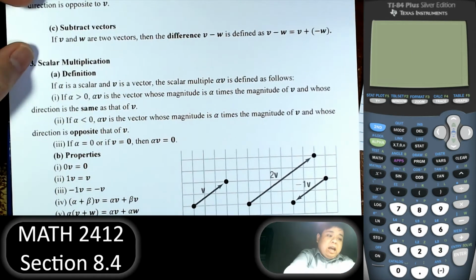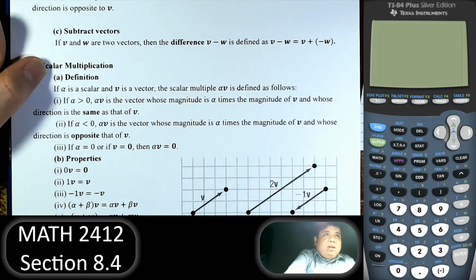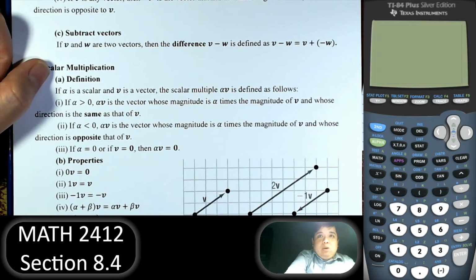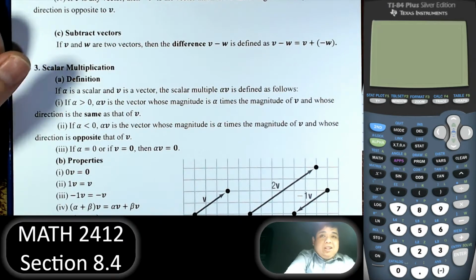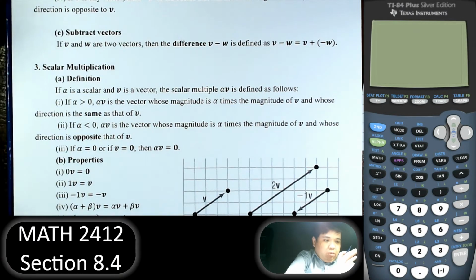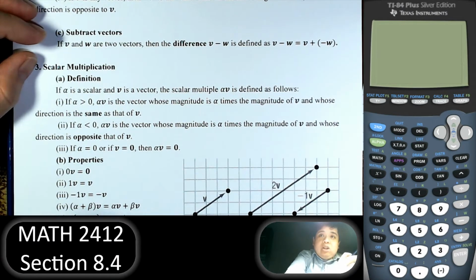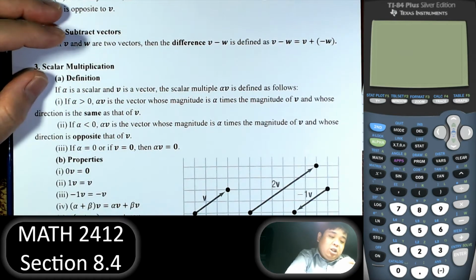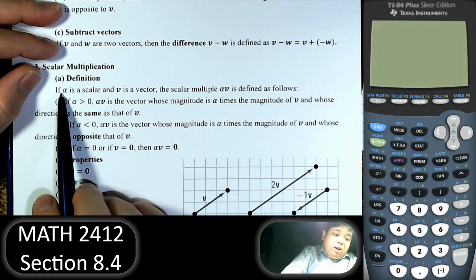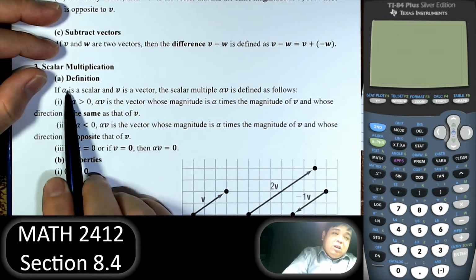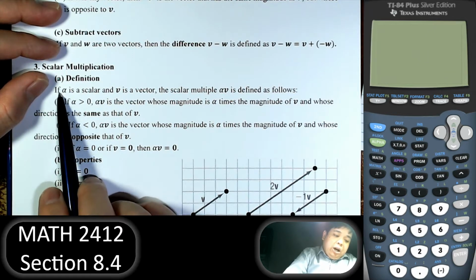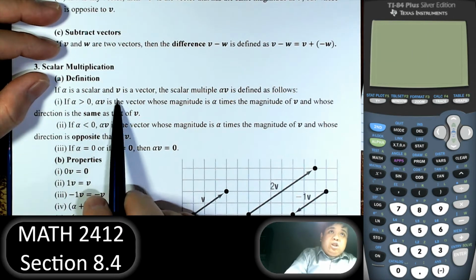Scalar multiplication. A scalar is a number as opposed to a vector. So the scalar has no direction. It only has a quantity in terms of a number or magnitude. If alpha is a scalar, you see alpha now is in regular face, not boldface. So we distinguish a number from a vector, which is in boldface.